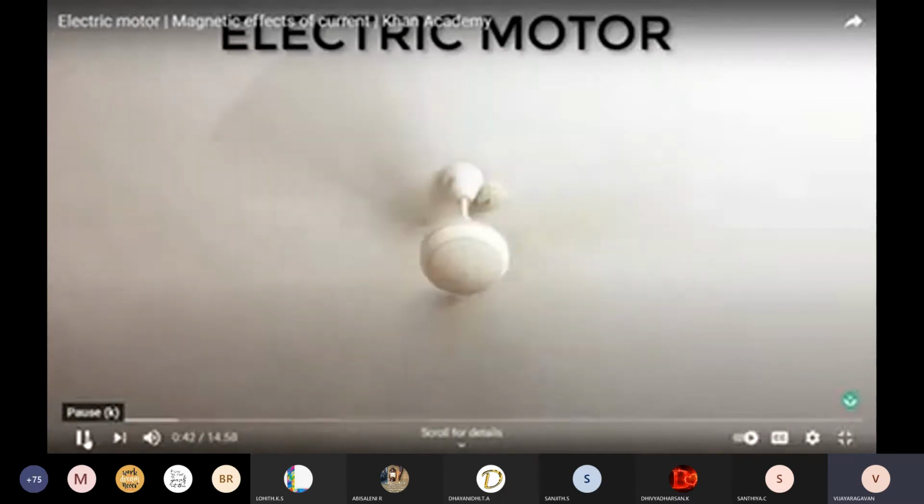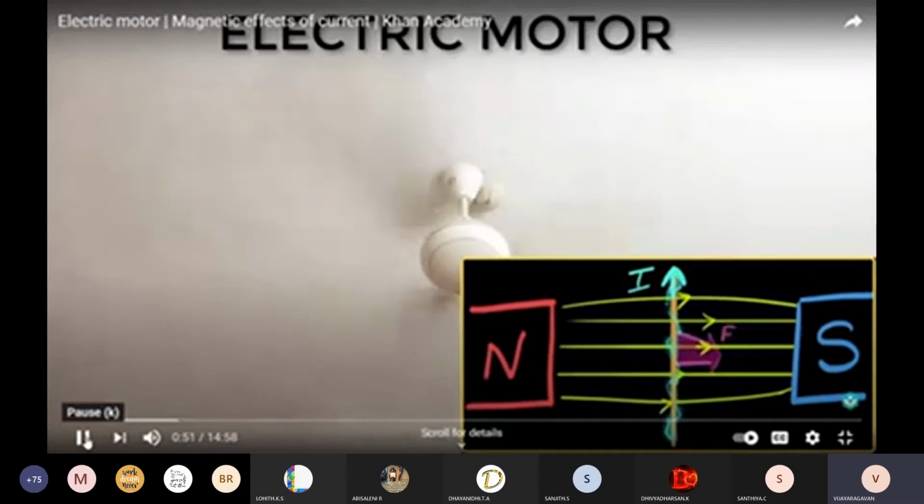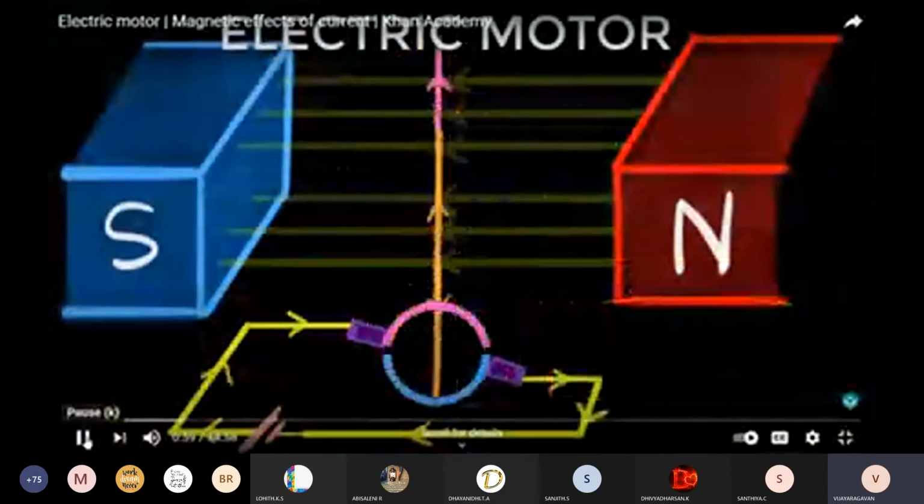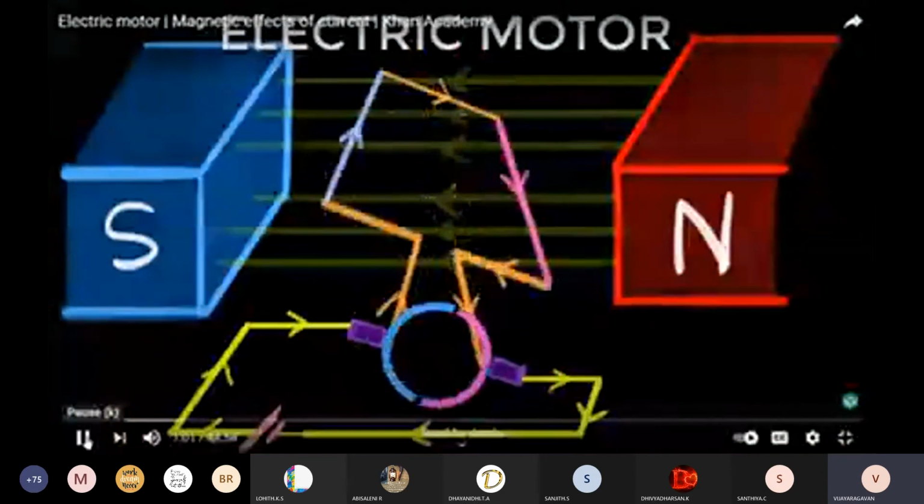The secret to these motors are magnets. In a previous video, we had seen that a current carrying wire can be pushed by magnets, or more technically, magnetic fields. So an electric motor uses this magnetic push to spin a current carrying conductor.